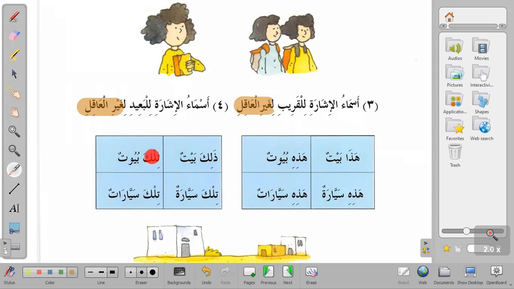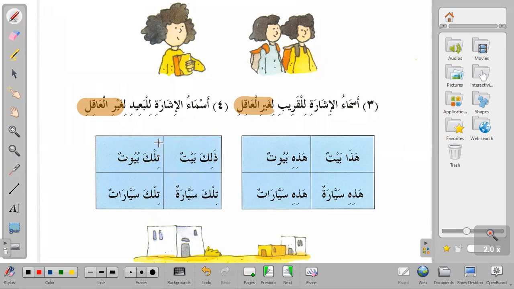You have to use the singular feminine ism ishara for far away, and that is tilka. So use tilka here. Then tilka sayyaratun, meaning when it is far away, whether it is masculine or feminine. See something, baytun is masculine, sayyaratun is feminine. It doesn't matter. Is plural will always go to the singular feminine, tilka. So that's why you see tilka here.